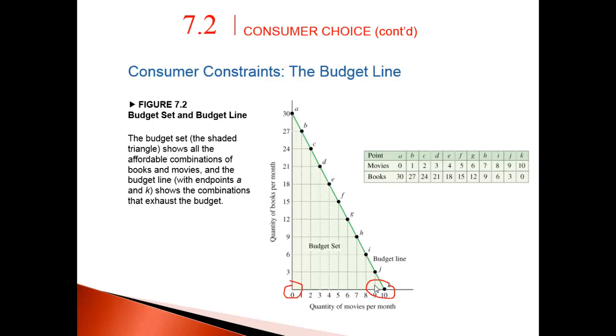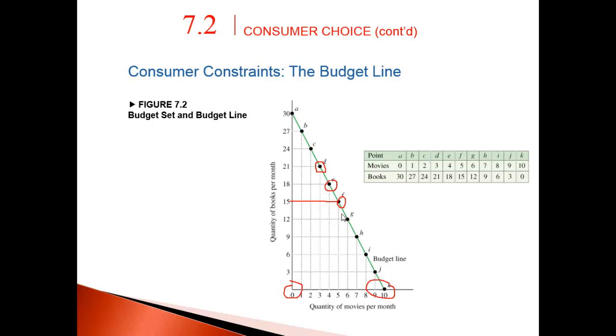And so we can see that movies cost 3 times as much as books, according to this budget.